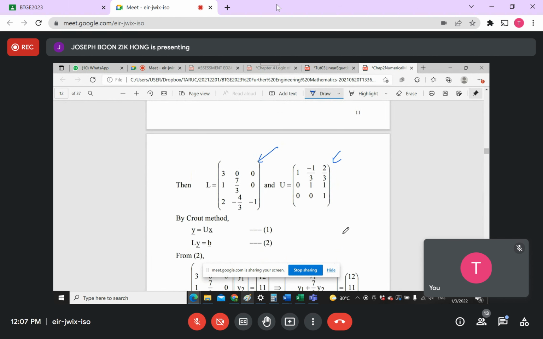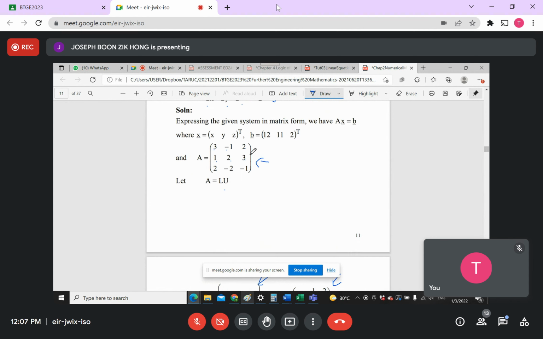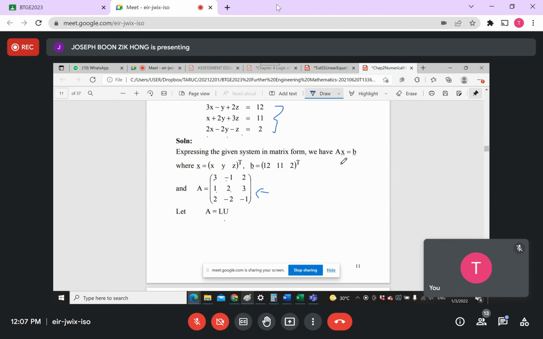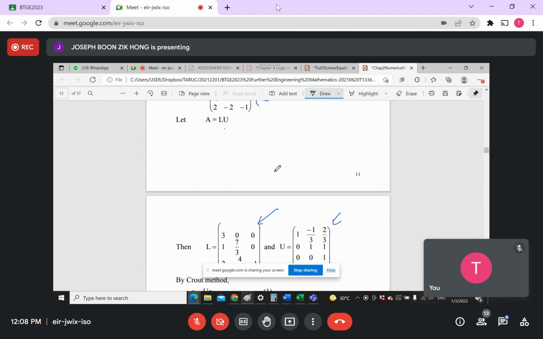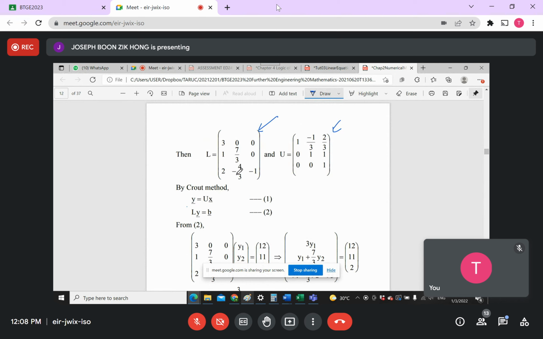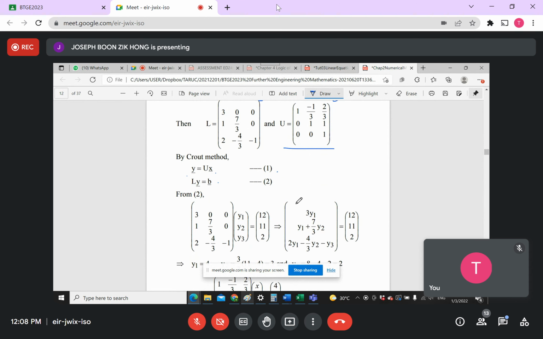So again, now I have Ax equal to b, where x is x, y, z, equal to 12, 11, 2. What is my y? Y will be U times my x, so this is the first equation. The second equation is Ly equal to b, so I have these two equations.